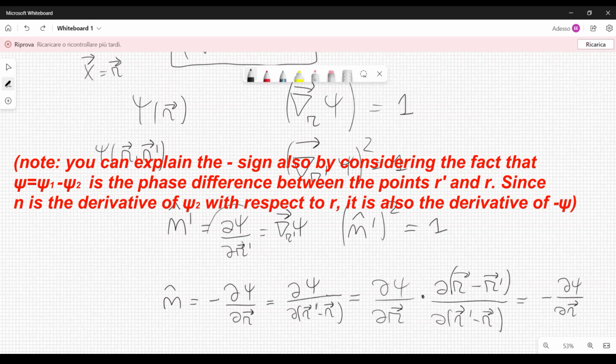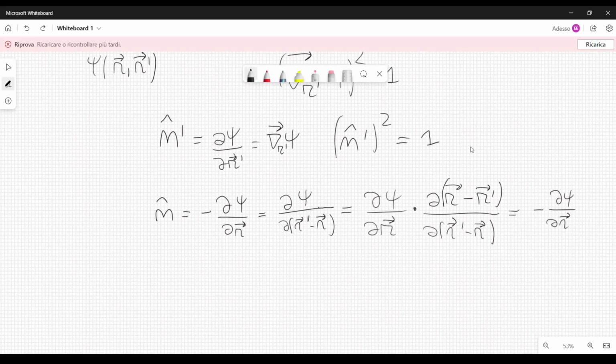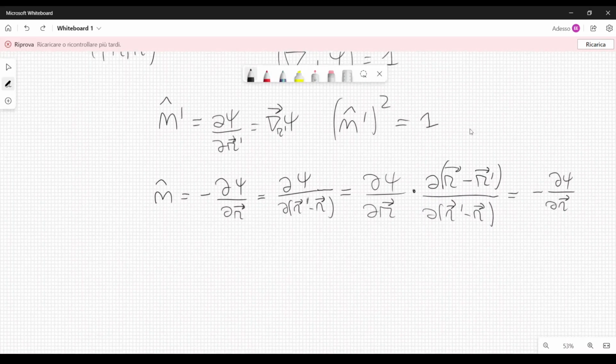And here we have a plus, because in this case this derivative will keep r fixed, not r prime, and therefore we are going to get this expression. So that's just the general way of explaining the signs.